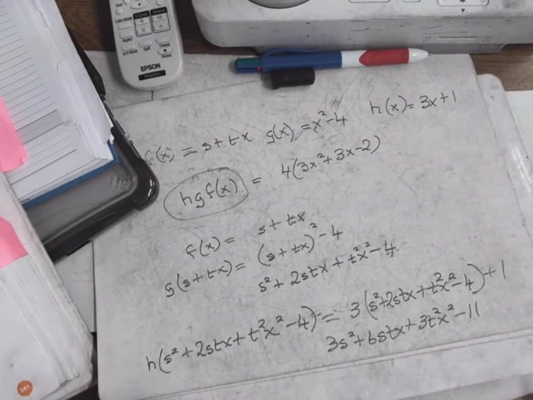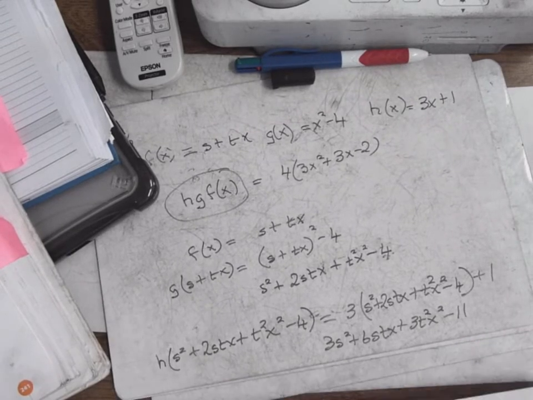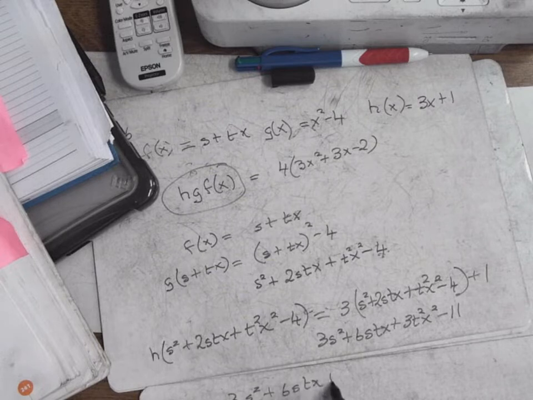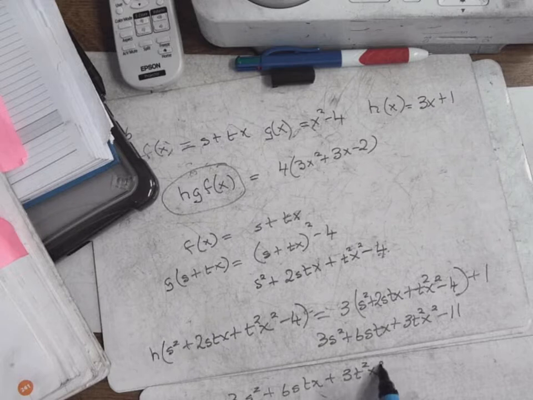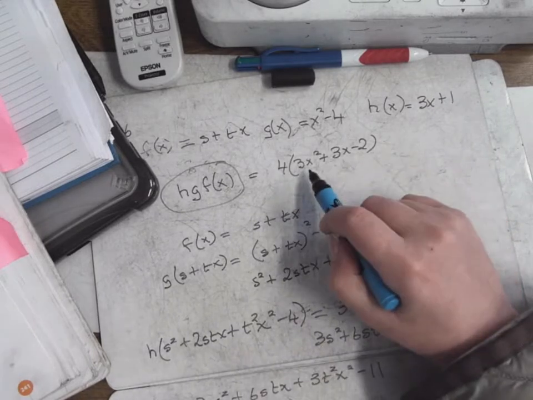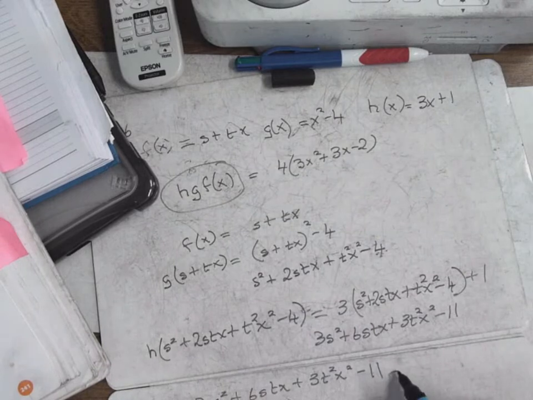But they told me when you work all that out, so when you work 3s squared plus 6stx plus 3t squared x squared minus 11, when you work all that out, you end up with this. I'm going to multiply into this bracket if that's okay.